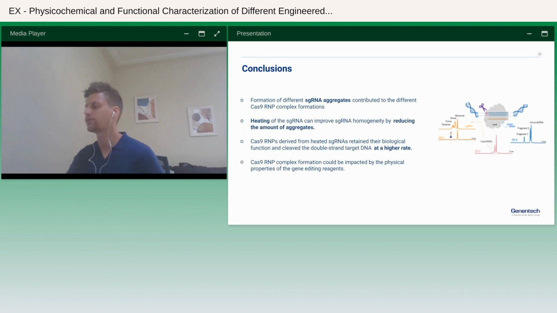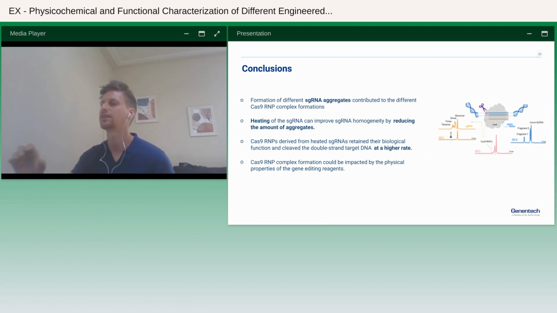So it's time for the conclusion. In this part, I showed that the formation of different single guide RNA species contributes to different Cas9 RNP complex formation. That editing the guide RNA can improve the single guide RNA homogeneity.